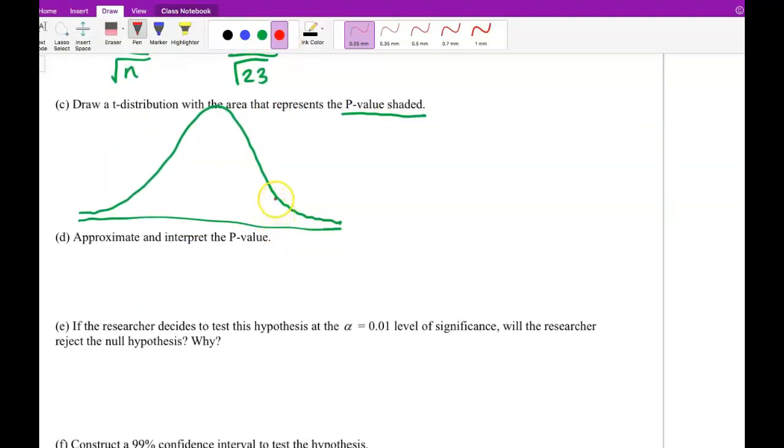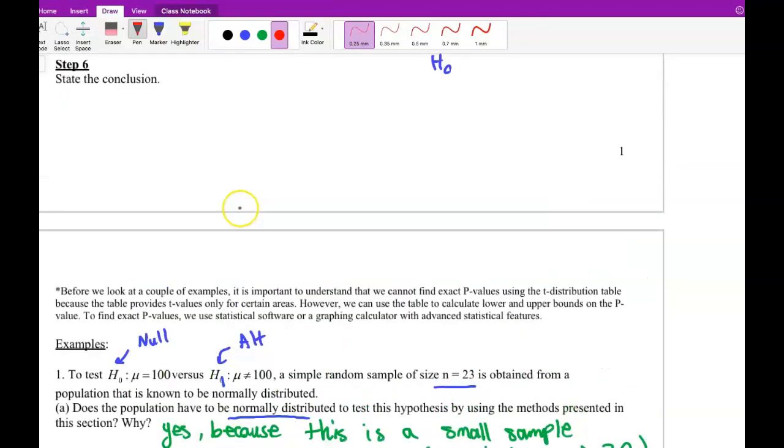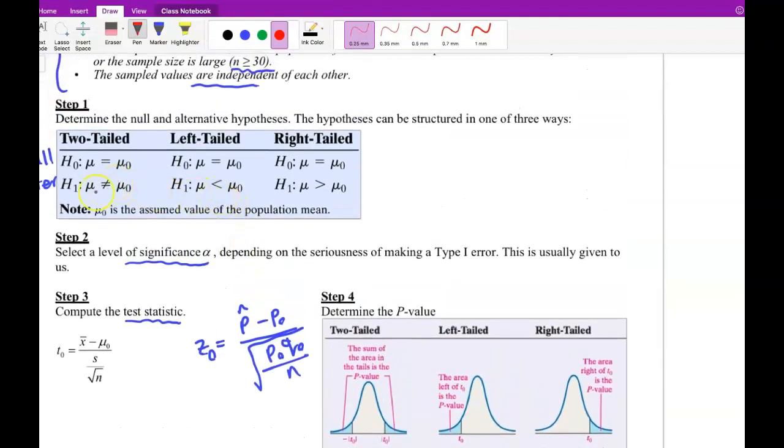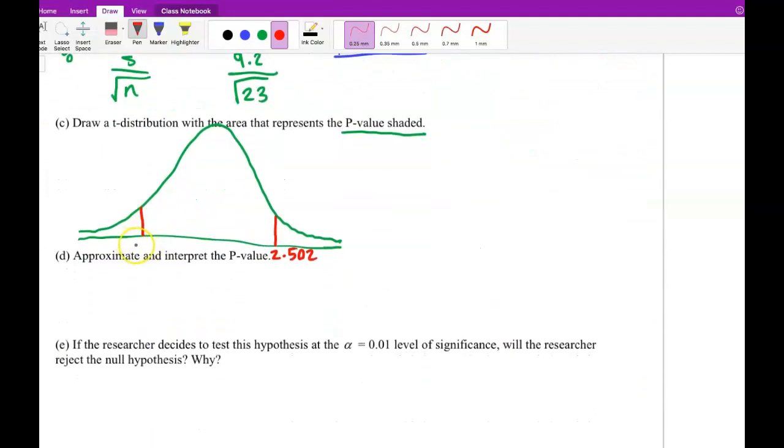Let's say this is our point, 2.502. Here is T. On the other side we have negative. Why I'm telling this is because here we have not equal to, and based on the first page, when you have null equal to and alternative not equal to, what that means is you're going to have two tails. On the right we have positive, here is negative 2.502.